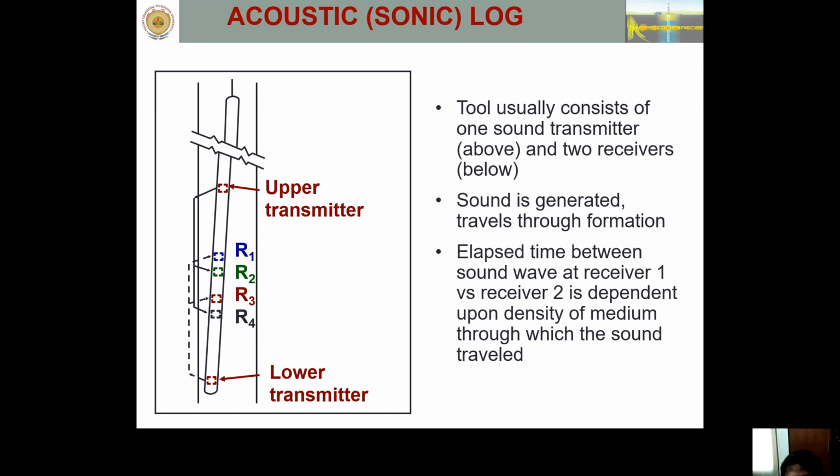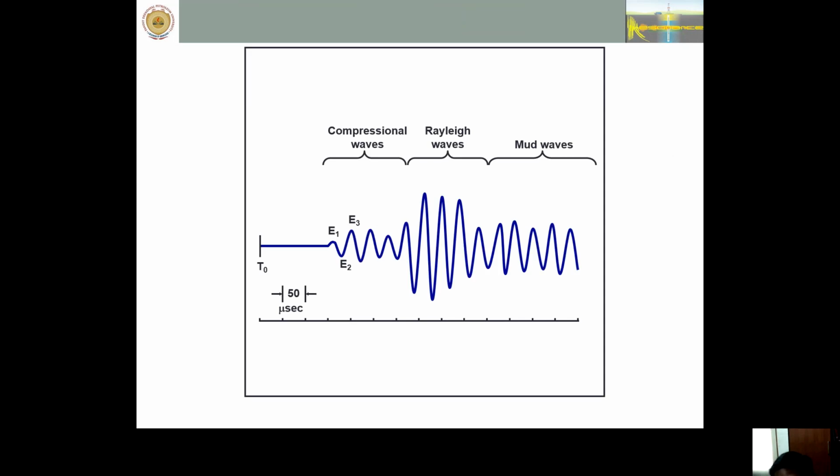Elapsed time between sound wave at receiver 1 versus receiver 2 is dependent upon density of medium through which the sound traveled. You can see here that in a wave, there are compressional waves, Rayleigh waves and mud waves, which has been taught to you before when I took classes on seismic, where I talked about body waves and surface waves.